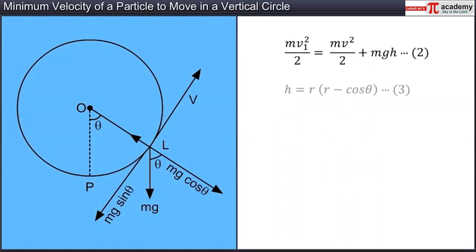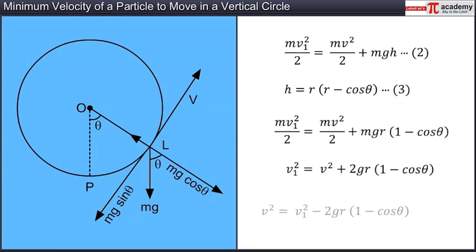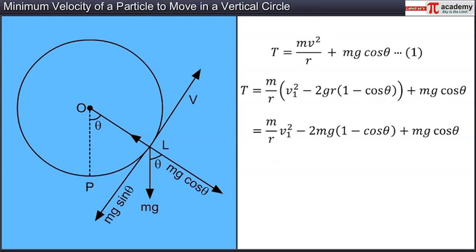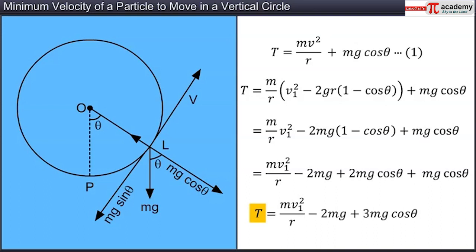From equations 2 and 3, we can say v square is equal to v1 square minus 2gR of 1 minus cos theta. Let this be equation 4. By substituting the value of v square in equation 1, we get T is equal to m v1 square upon R minus 2mg plus 3mg cos theta.